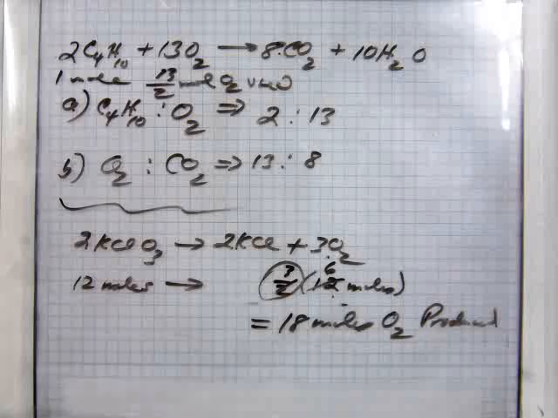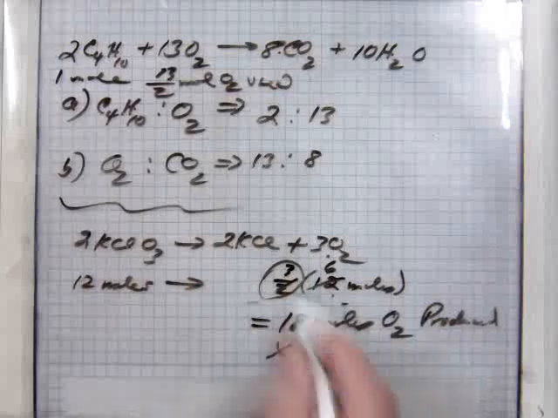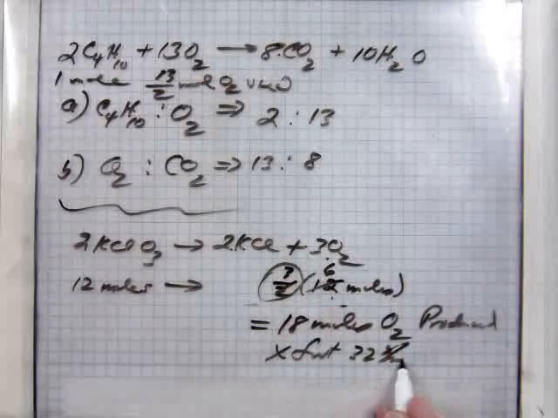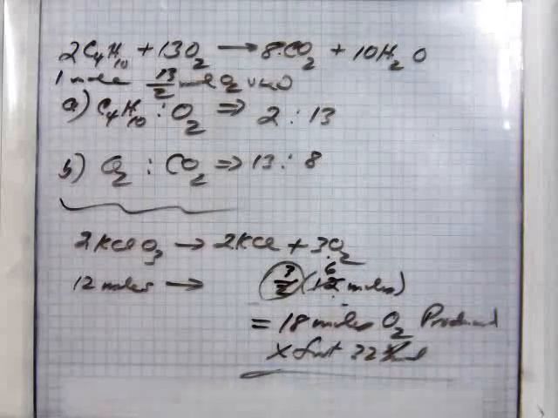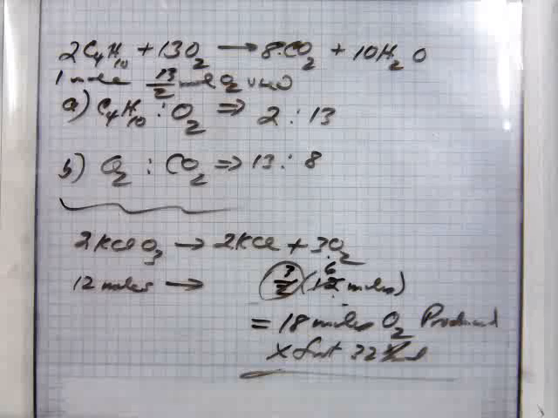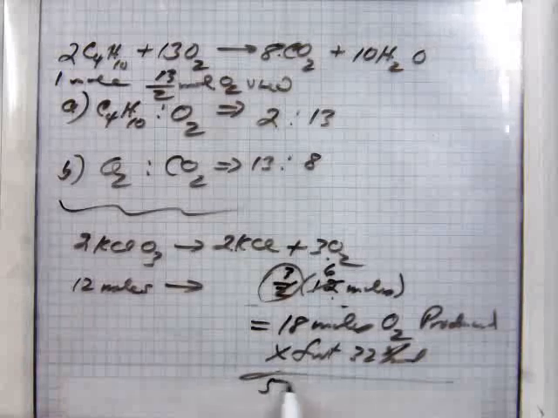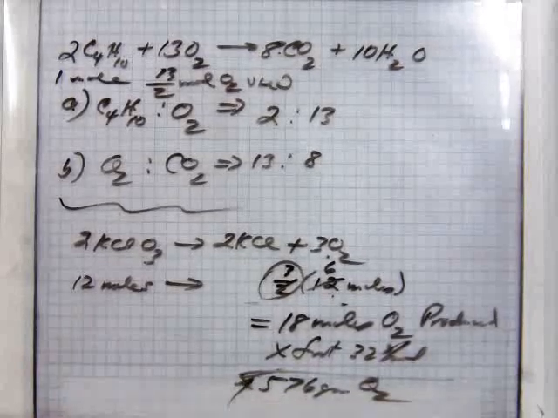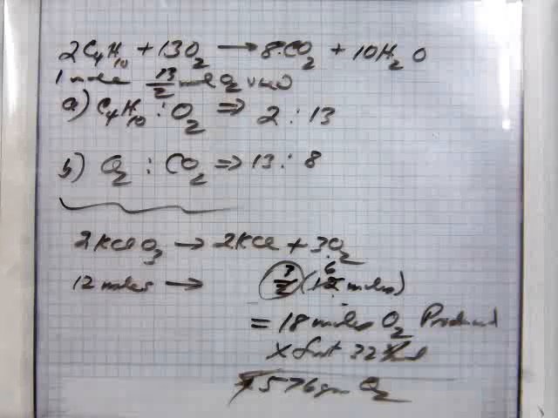Work in moles and then times the formula weight. And this is 32 grams per mole. 18 times 32, and that's 576 grams. See how easy chemistry is? Ain't nothing else, huh? Nothing else to do. Through. Go on to the next problem.